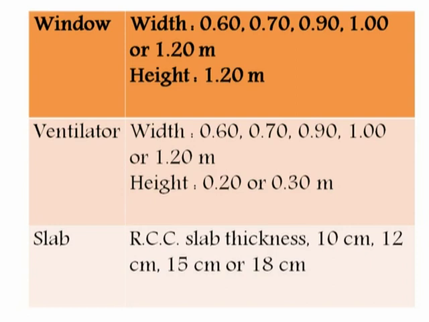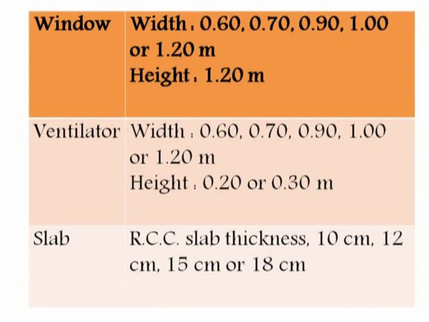Width of the window will depend on whatever area is required for the openings. Depending on that, it may range from 0.6 to 1 meter, and the normal height of the window is kept at 1.2 meter.